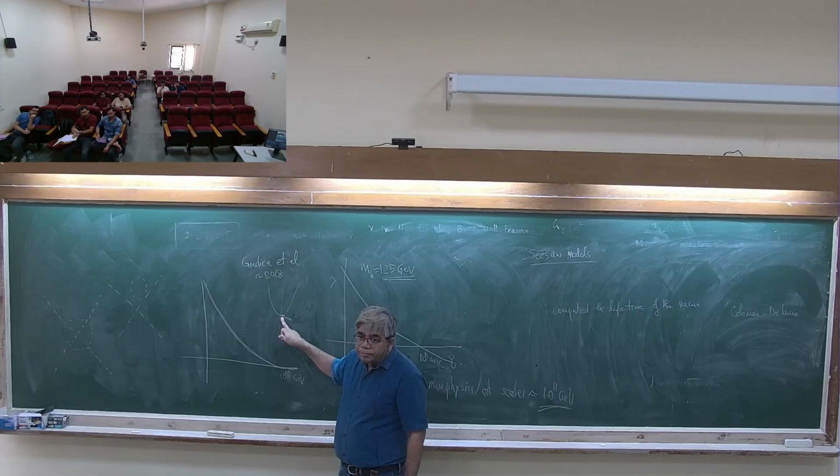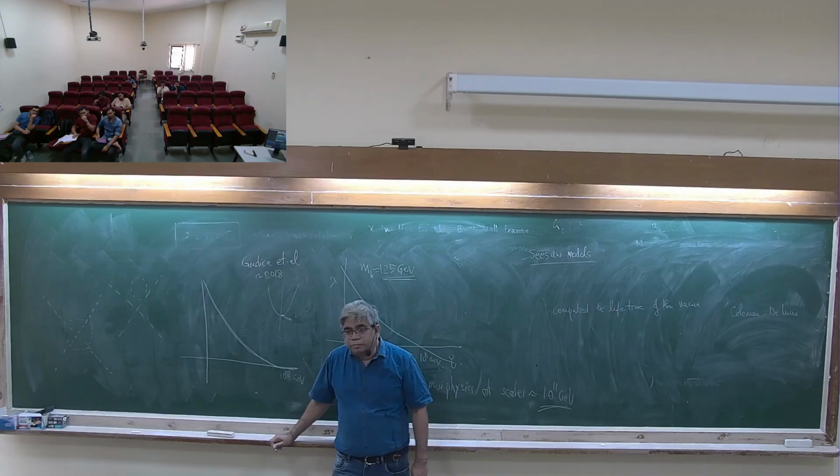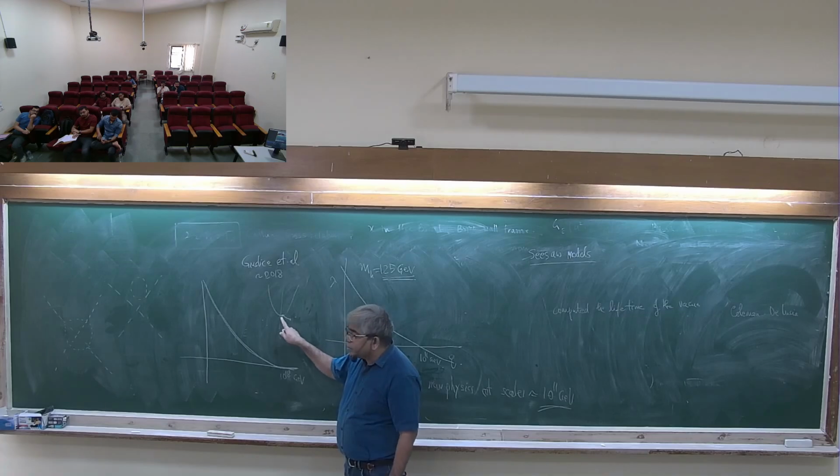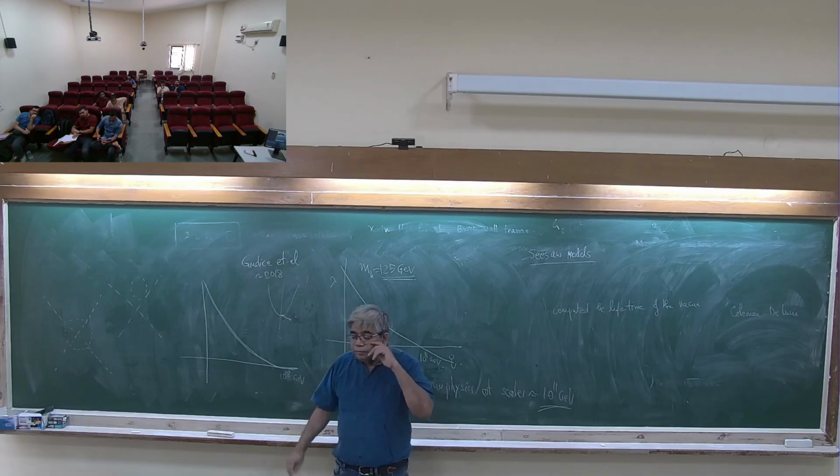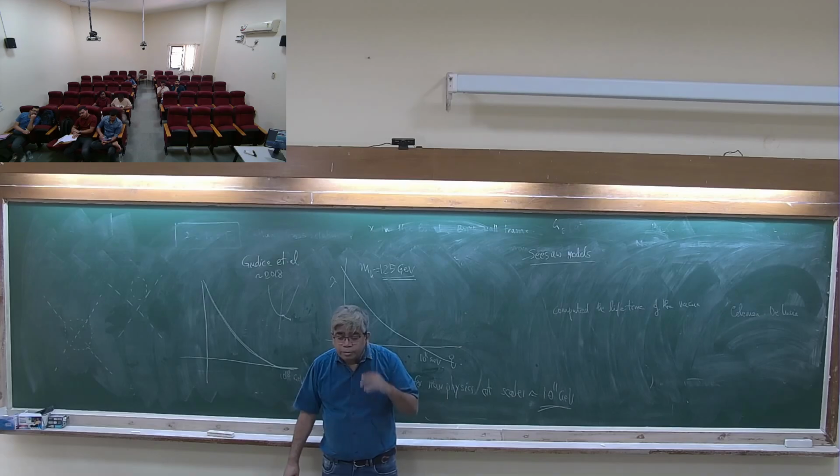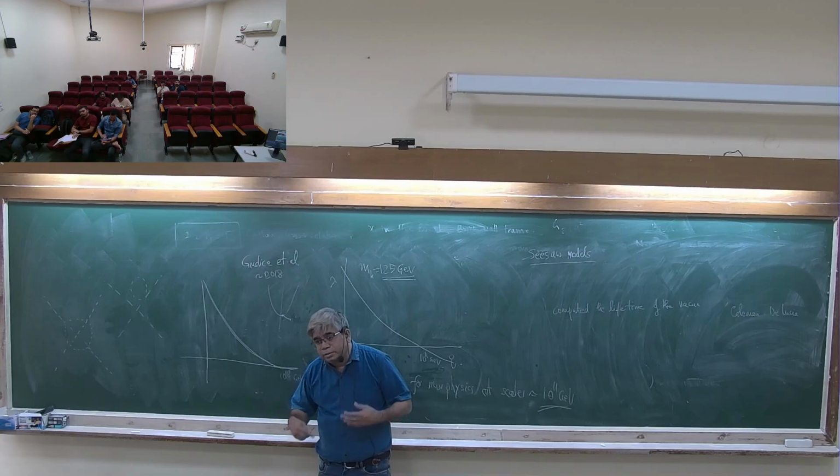That means they have a lifetime which is greater than the age of the universe. They are not the true minima, they are not the true vacuum, but they are vacuum which have very long lifetimes. So to calculate these lifetimes, normally people use CosmoTransitions and various things.